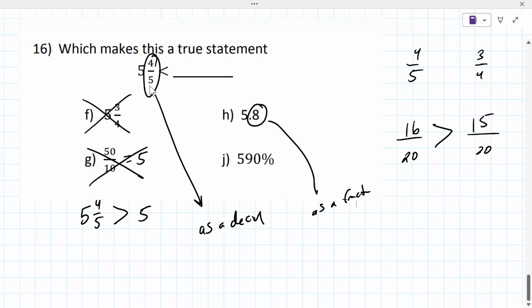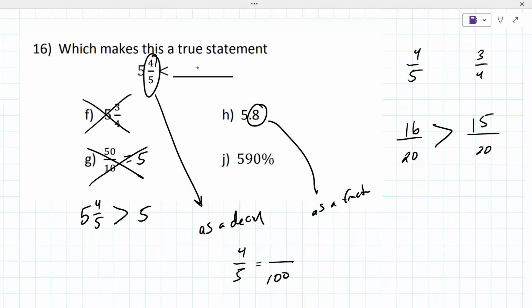So H would work, I guess, because you could turn it into 40 over 500. You could, but remember you want to go to 100 typically.